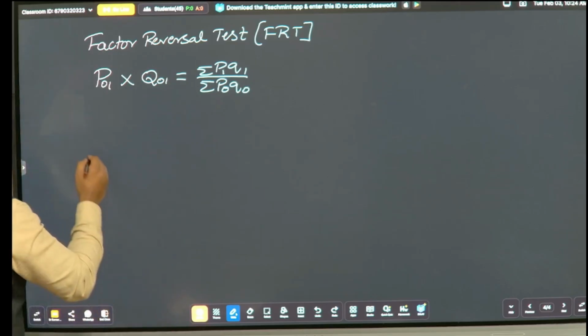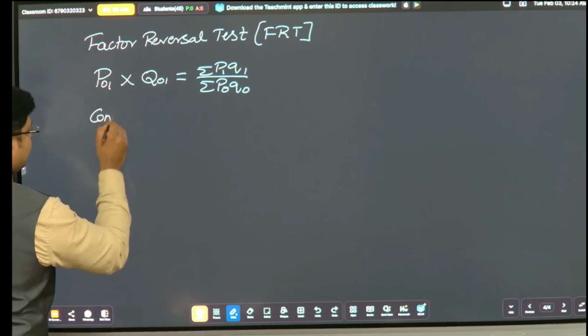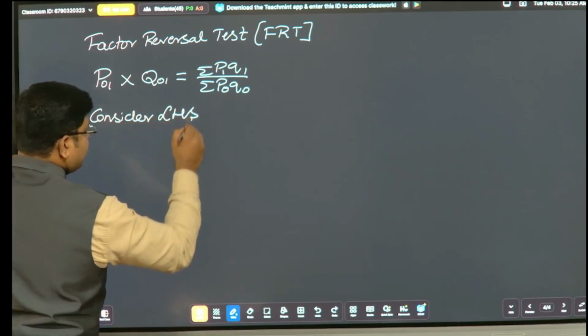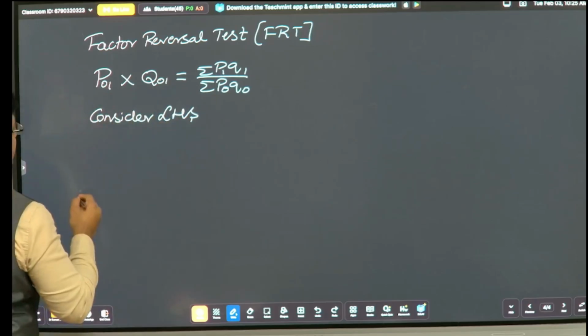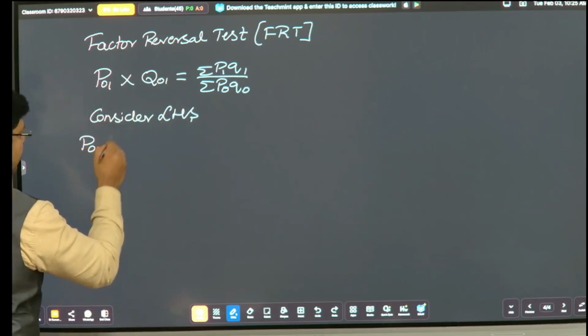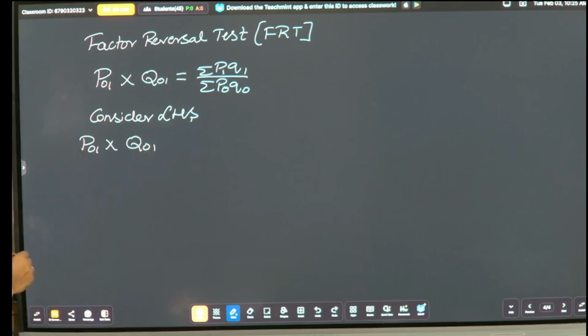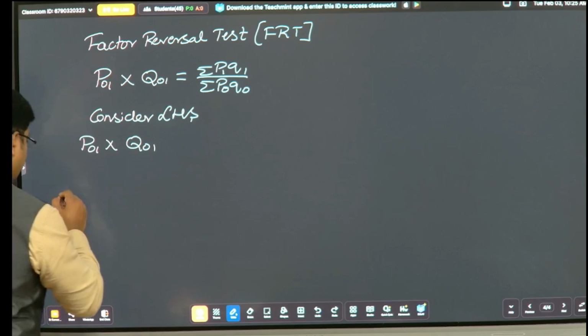Okay. First step, what is that? Consider LHS. So left hand side, what is that? P01 into Q01. Can you guess now which formula you are going to write for this P01? Same, correct?